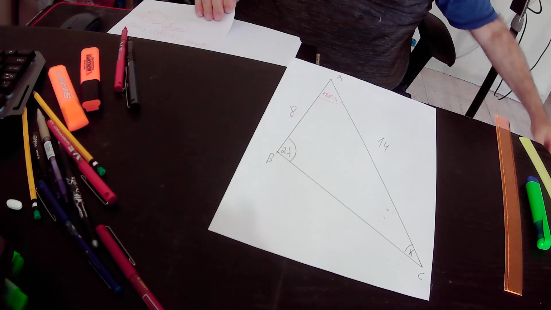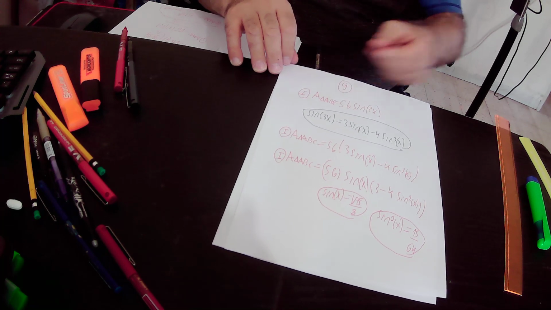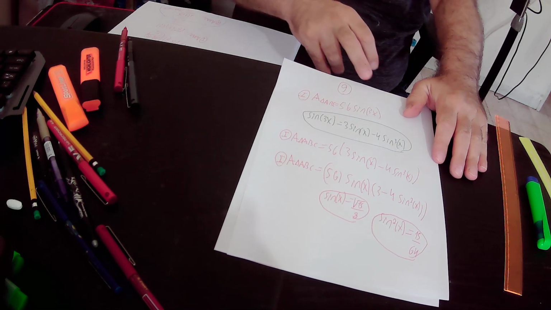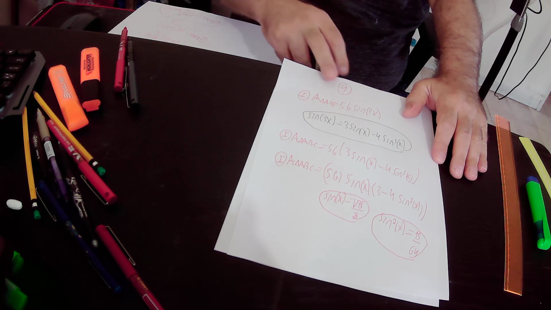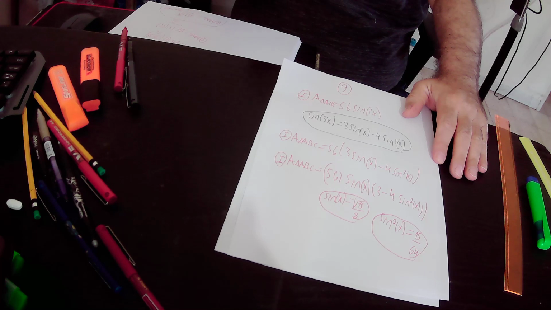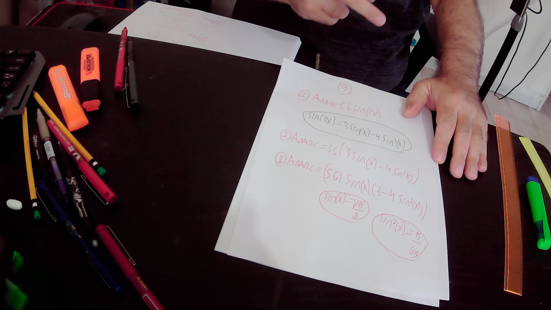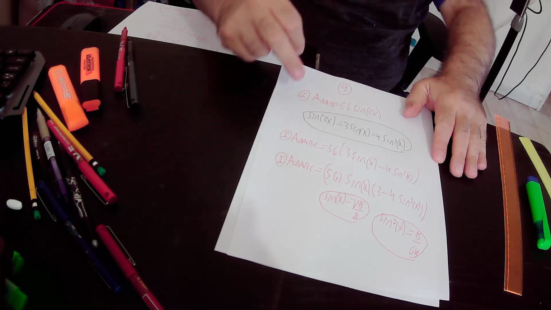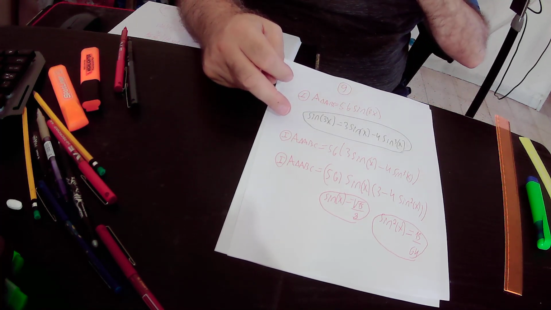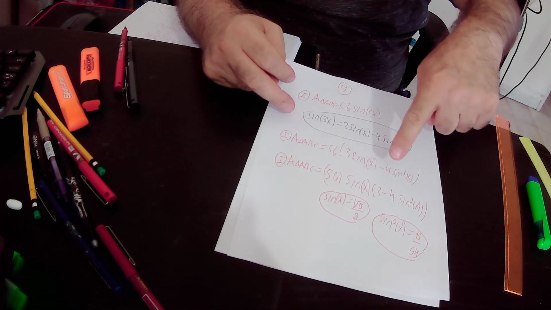And then we returned to the first equality, equation number 1, that states that the area of triangle ABC equals 56 times sin 3x. And we have the trigonometric identity for sin 3x: sin 3x equals 3 sin x minus 4 sin cube x. So we substituted, and then we took sin x as a common factor.